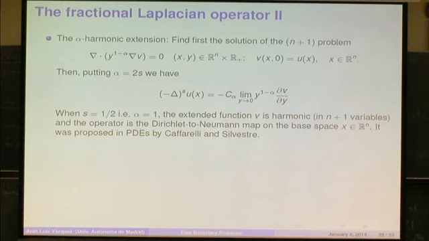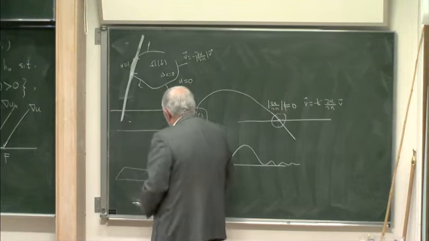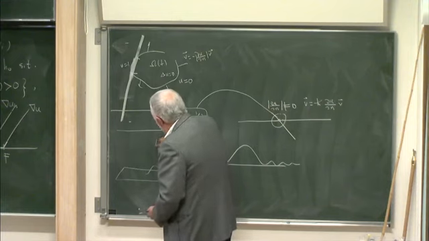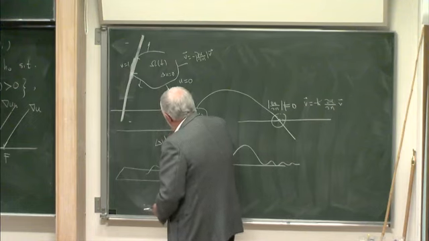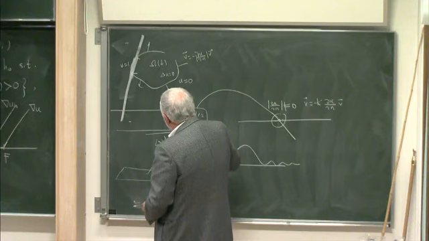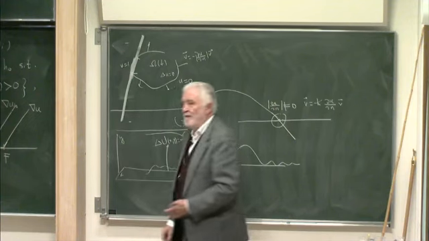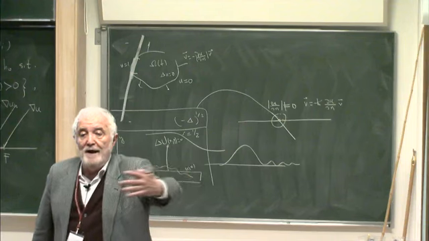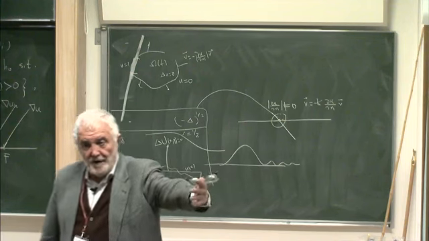Take your space, omega, take an initial datum, u0, expand it to a certain function u of x, xi, such that the Laplacian of u equals 0. But this function depends on a new variable, the external variable. In some sense, you invent an extra dimension where you are solving the heat equation. Oh, sorry, the Laplace equation.